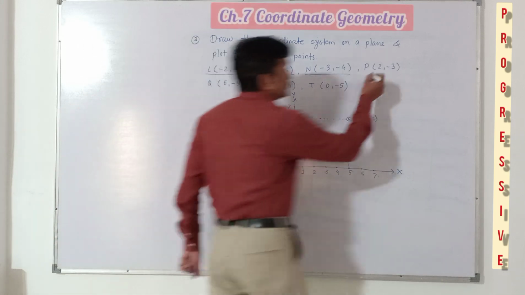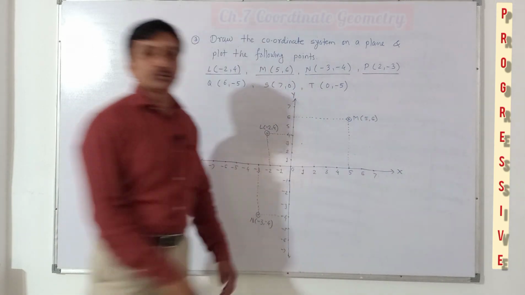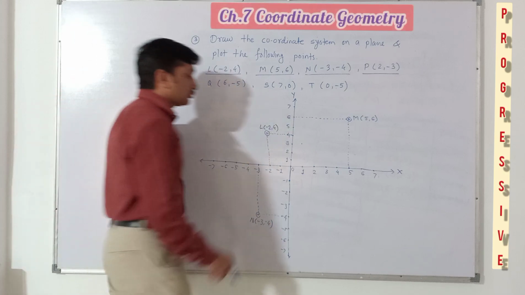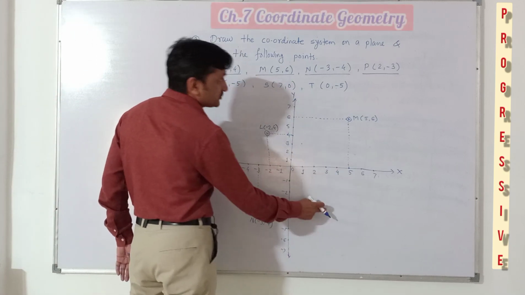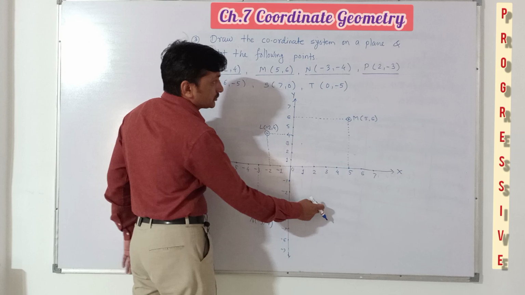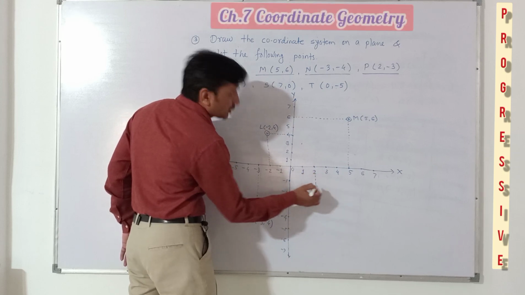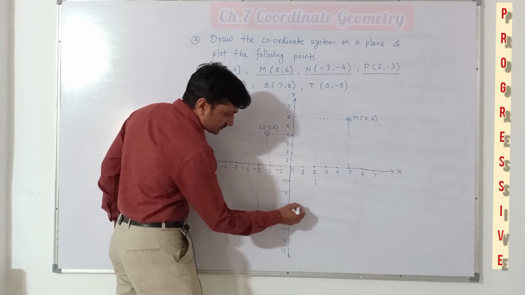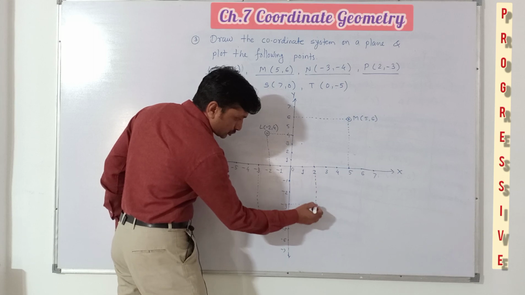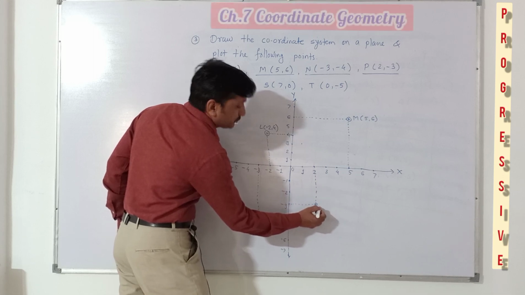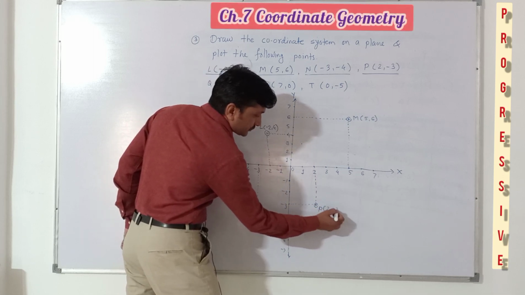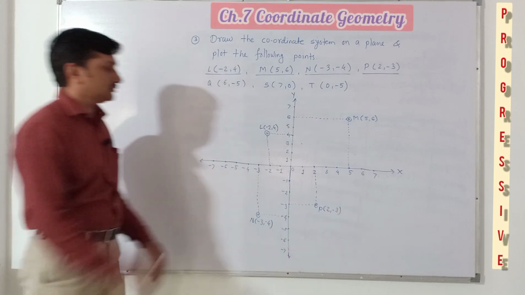P point, 2, -3, positive, negative. Now positive is here, negative is here, plus 2, and negative -3 is here. In this way you draw, and it is P point, 2, -3, fourth quadrant.